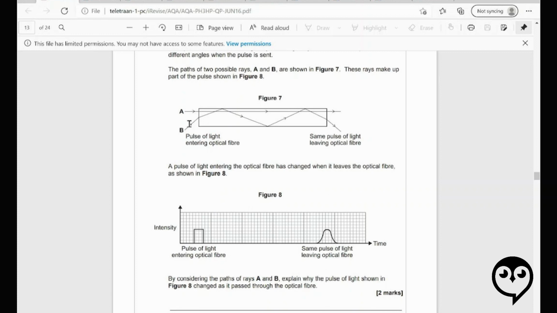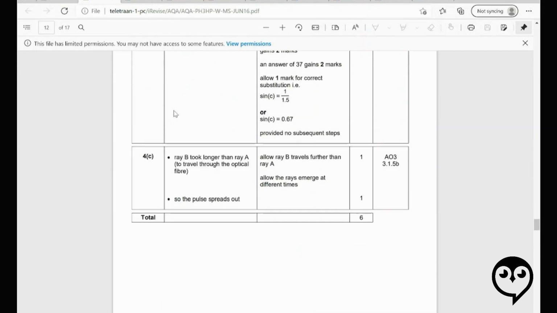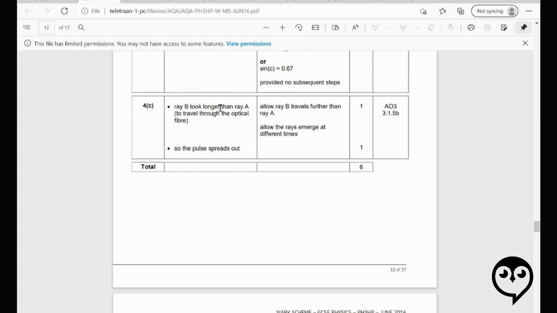The reason would be, if you take a look at A and B, what's happening with B? B is traveling a much greater distance to get through this section of the fiber optic, and so it's going to take longer to go through, and that time's going to kind of draw it out, blur it out a bit. Let's take a look at the answer on that, okay? Ray B took longer than ray A, okay? Or you can say ray B travels further.